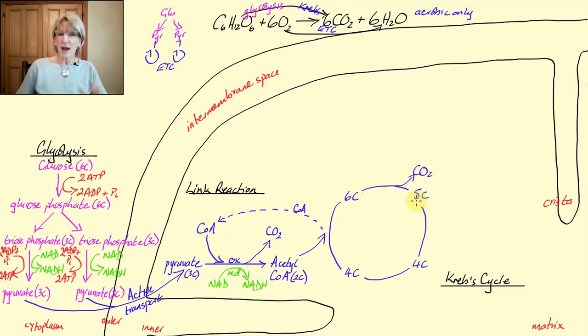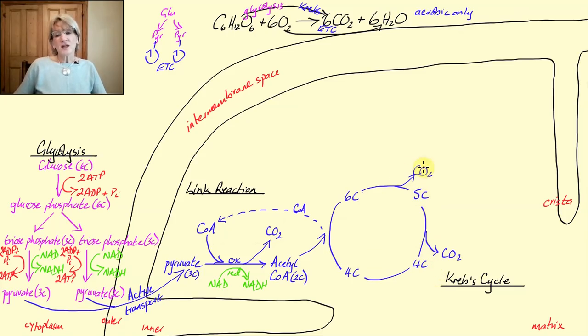Not a term you have to use at A-level, but for those of you going on to uni, might be useful. Decarboxylation kind of logically means taking off a carbon. And in the Krebs cycle, it happens twice, again, reasonably logically going from a 5C to a 4C.